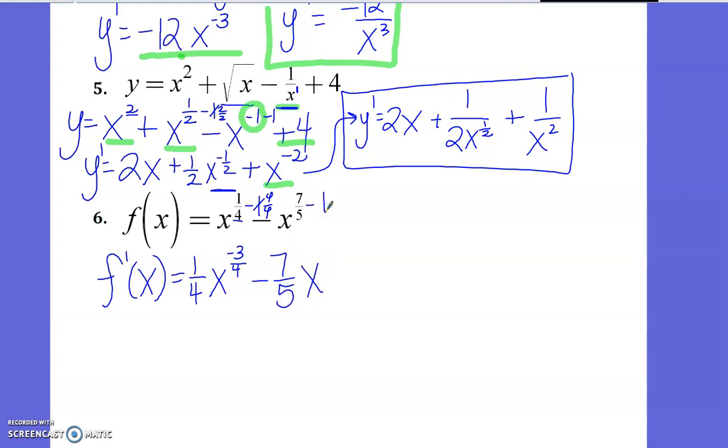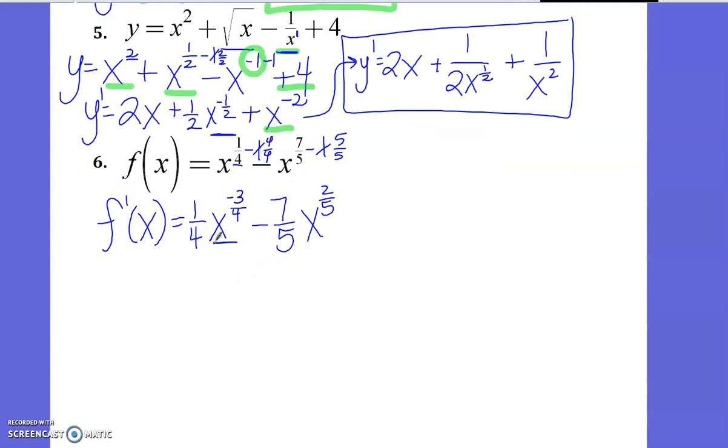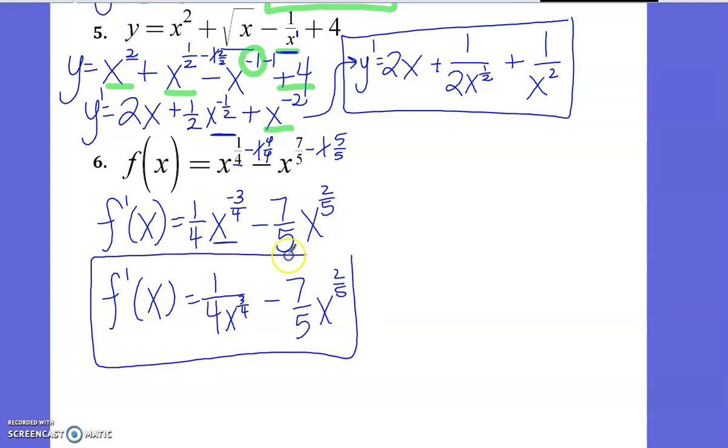When I minus 1 from that, thinking about 5/5, I get 2/5. Okay, so there's the derivative. I need to push this into the denominator so that it's positive. And there's the derivative.